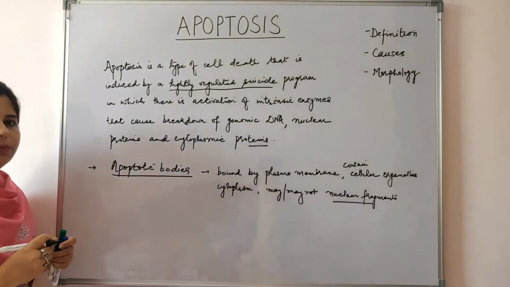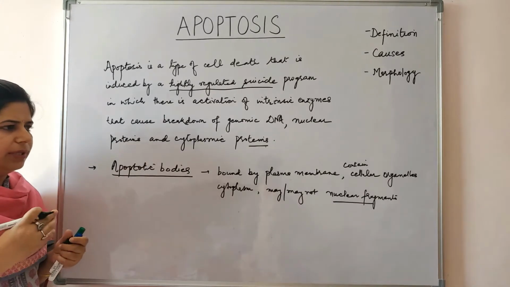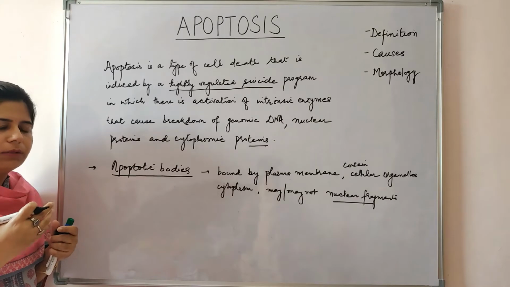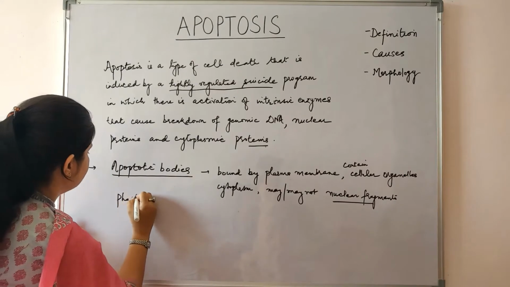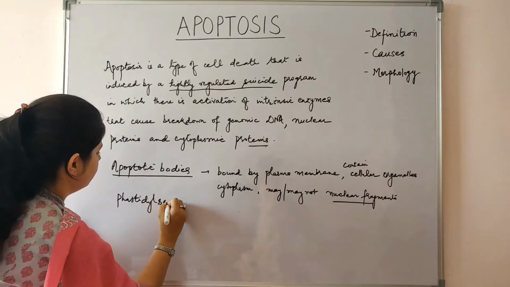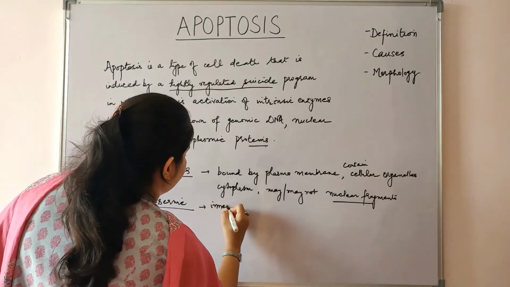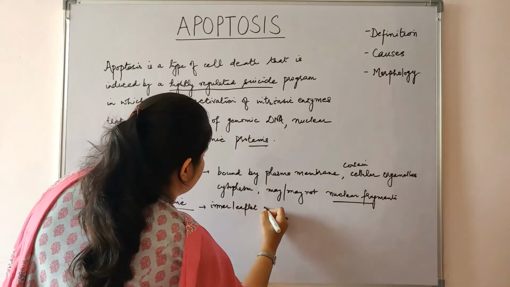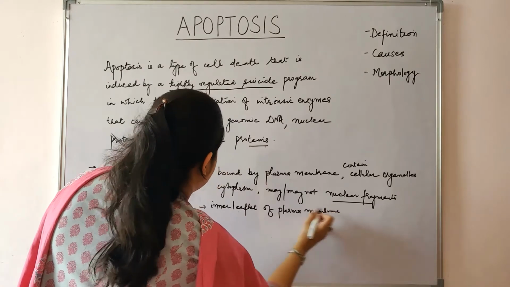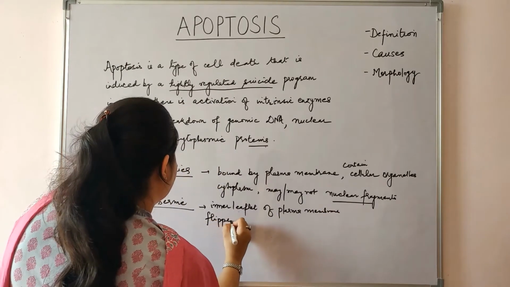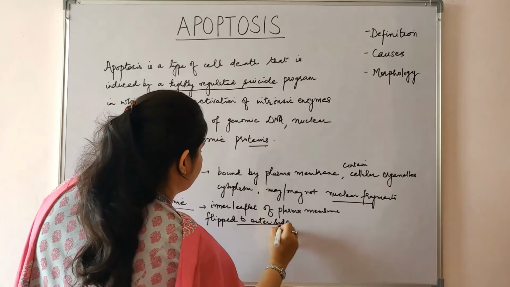So what happens in apoptosis? The plasma membrane is not disrupted. It is intact, but there is some structural change in the plasma membrane, like the phosphatidylserine that is present in the inner leaflet of plasma membrane gets flipped to the outer side of the plasma membrane.